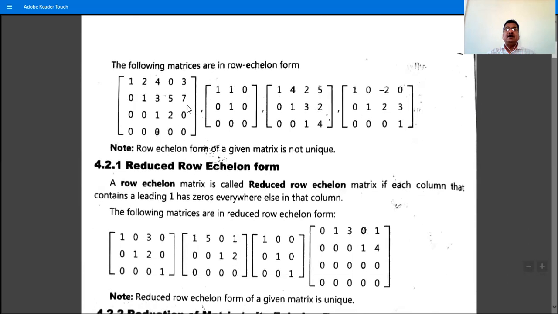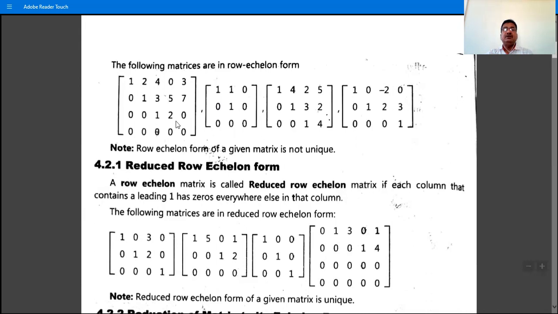For example, these are examples of row echelon form, or just say echelon form. Row echelon form and echelon form both are the same. So these matrices are in row echelon form.